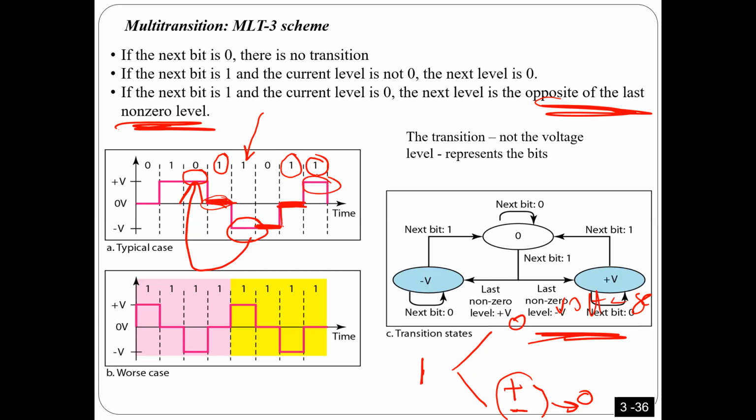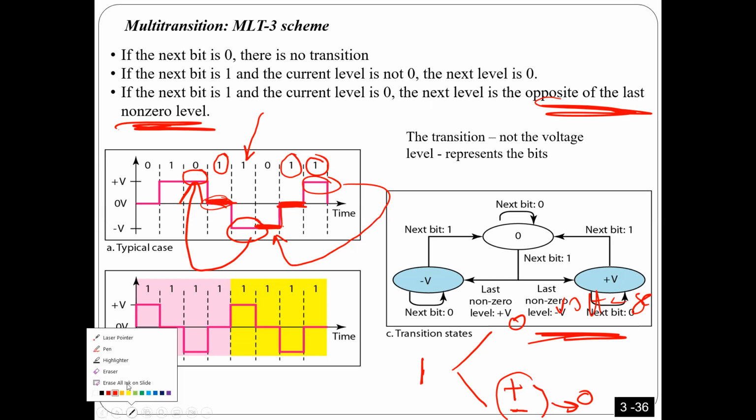So this one has to be the opposite of the last non-zero, and the last non-zero is here. It is negative, so I'm going to make it positive. Is that okay? You need to think a little bit about it, but for sure it's somewhat complex, because you have to look at the last non-zero one.